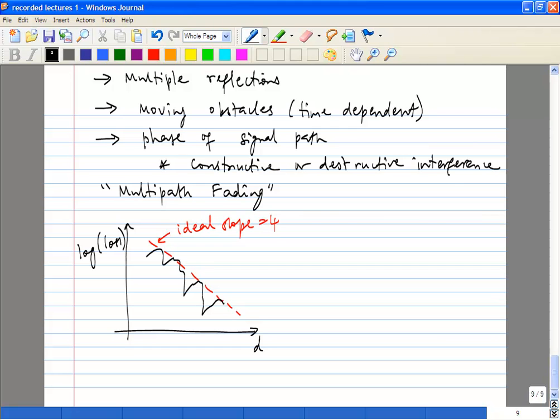This is your actual loss. So the slope of 4 is an empirical quantity.